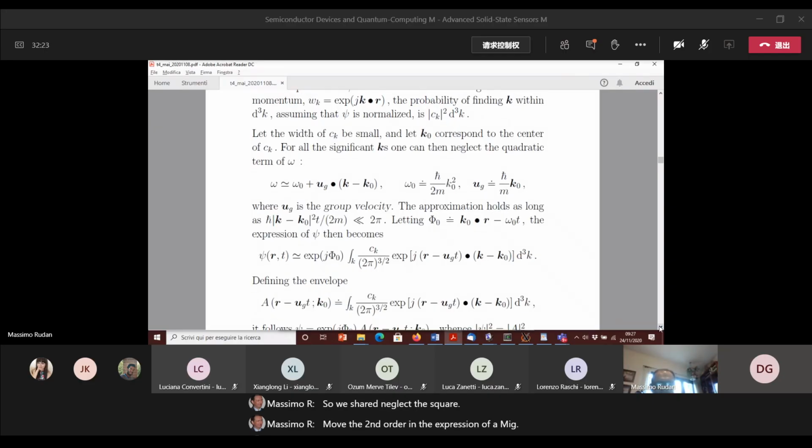So the idea is, assume that the width of the Fourier transform is small, so that the function c of k is a function in the proper meaning of the term, because k is a continuous variable. We assume that the function c of k has a peak corresponding to k0, and that when we go away from the peak in the k space, the wave packet becomes negligible.